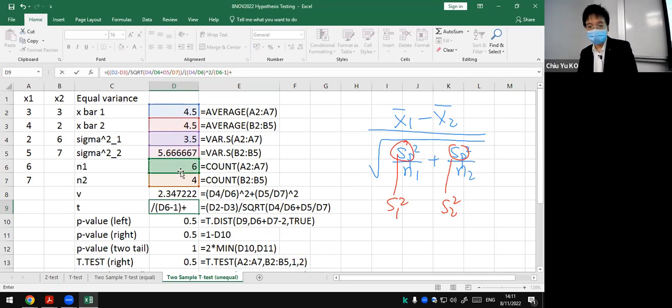And do the same for S2 over N2, raised to the power 2, and then you divide by, which is crazy, N2 minus 1.